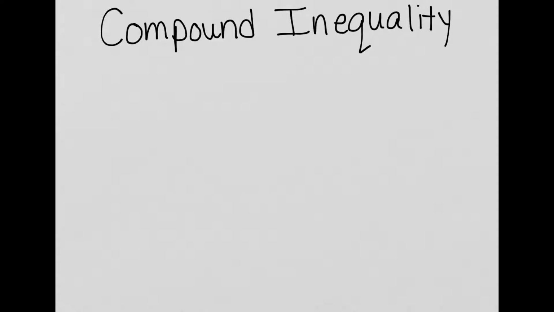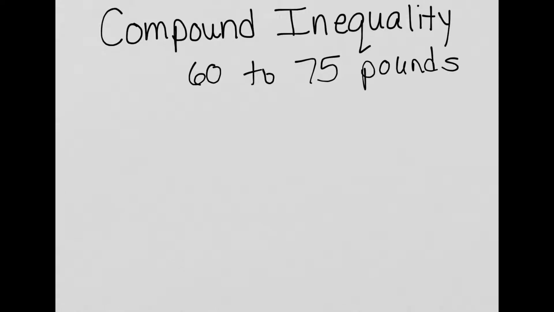The healthy weight of my dog would be between 60 to 75 pounds. Well, in math, we are going to write that as a compound inequality. We're going to say the healthy weight, x, is between 60 and 75 pounds.